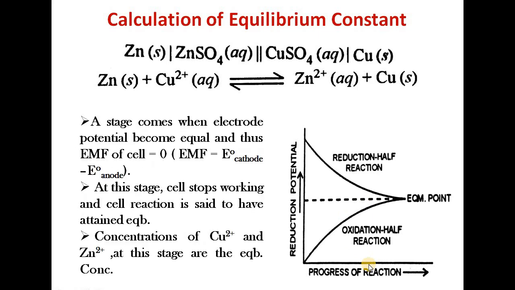As we can see in the next slide, as the reaction progresses, a stage comes when the electrode potentials become equal and the EMF of the cell becomes 0. At that point, the cell will stop working and the cell reaction is said to have attained equilibrium. That will be the equilibrium stage when the EMF of the cell becomes 0. The reduction potentials of cathode and anode will become equal.